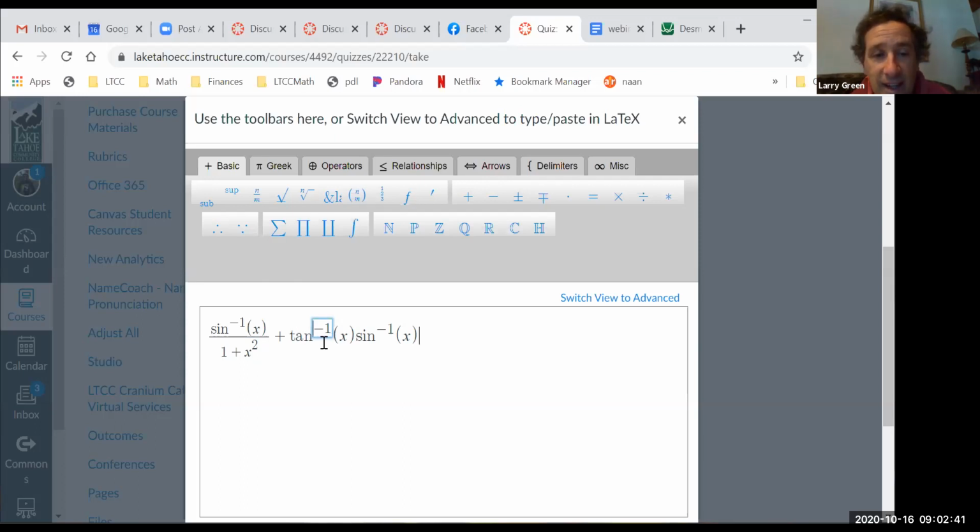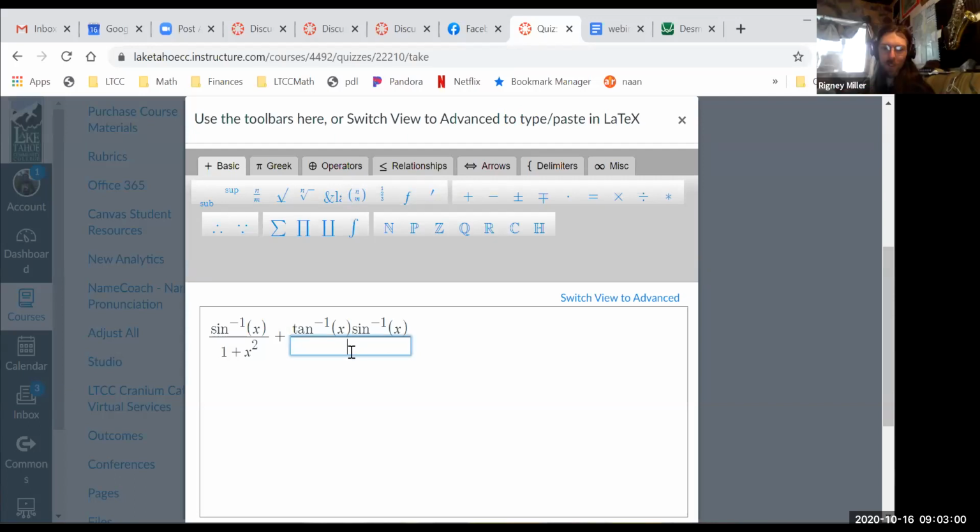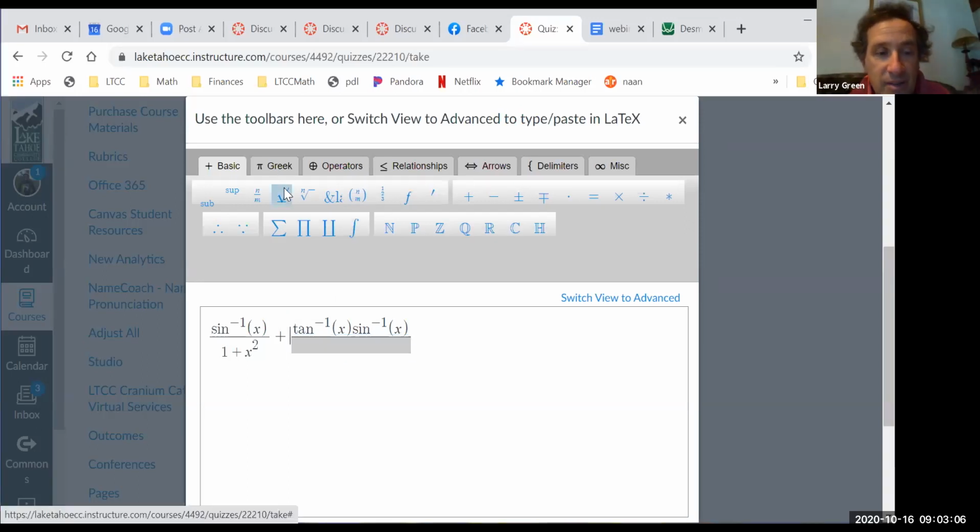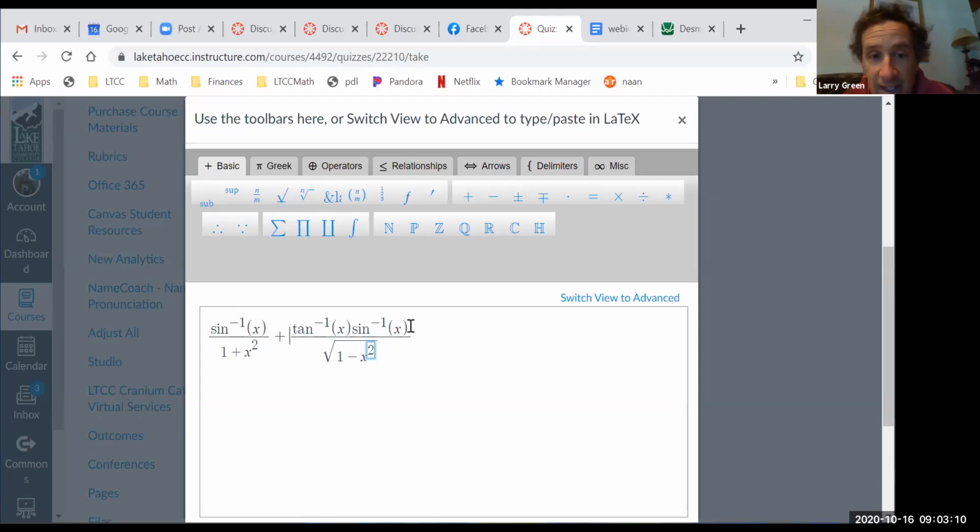Okay, then it says we take the function tan inverse of x times the derivative of g of x, or the derivative of the sine inverse of x. Well, what is the derivative of the inverse sine of x? One over the square root of 1 minus x squared. Exactly. So we have 1 over, I'm going to put it down at the bottom, the square root of 1 minus x squared.